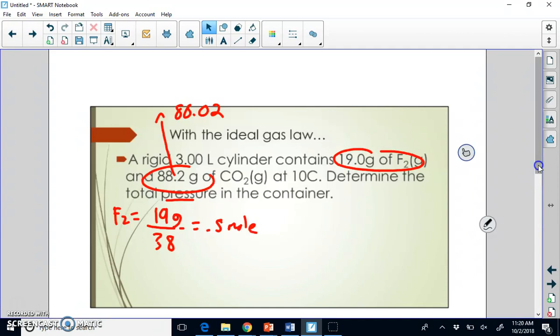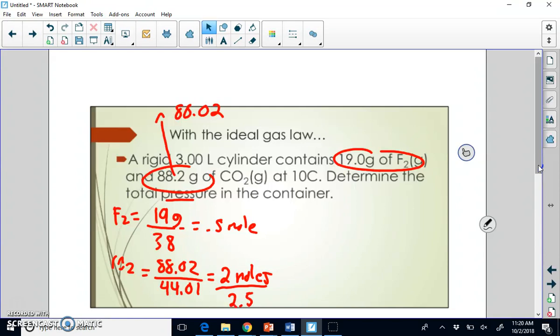Then for carbon dioxide, the total mass is 88.02, because I messed up on the typing, and the molar mass of this is 44.01, so the total is 2 moles. Again, to find the pressure, it doesn't matter what the gas is, you just need to know the total moles. So the total moles here is 2.5.